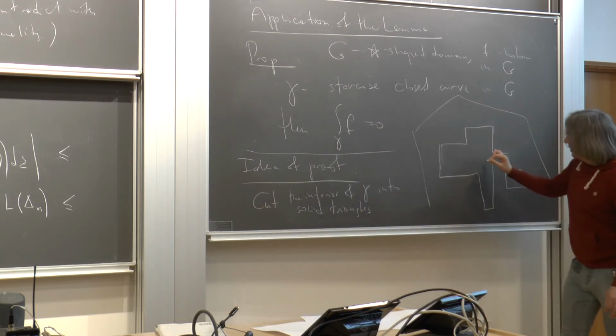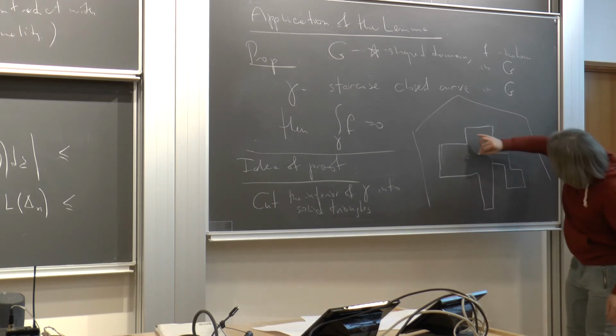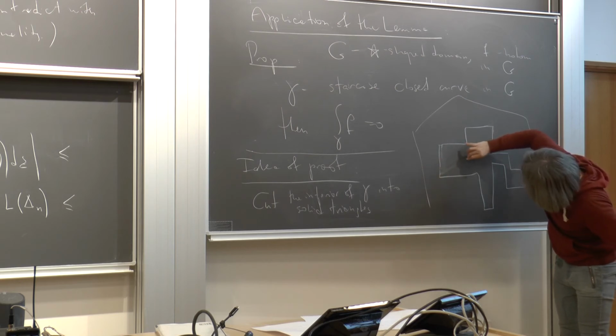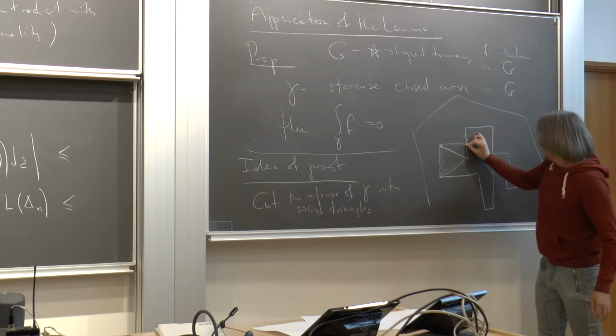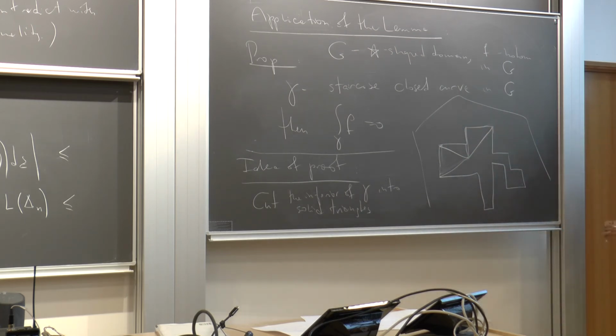So I'll draw a picture to illustrate everything, I think. So I just connect, say, vertices with some point. What I drew was not star shaped actually. From here I don't see this.